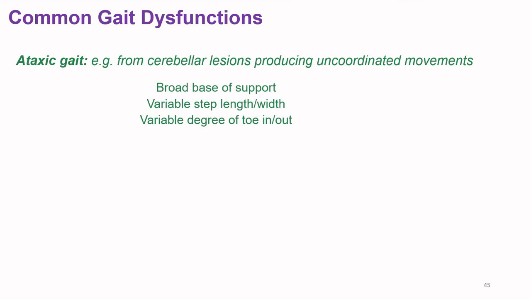We also see an increase in variability in their stepping. This variability is evident in gait parameters as more variable step lengths, more variable step widths, and more variations step to step in the degree of toe-in or toe-out.